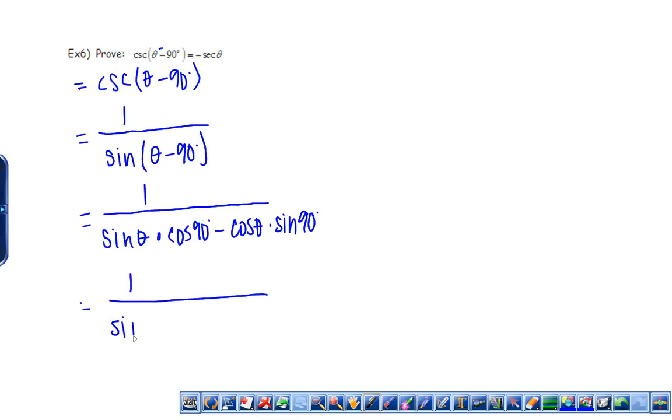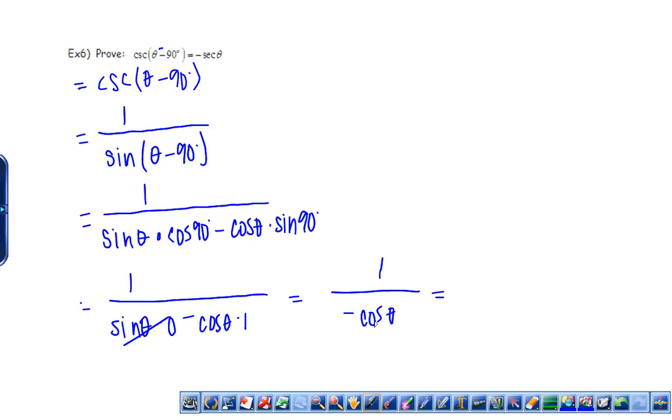I can't do anything with sine of theta. Cosine of 90 degrees is a 0. Cosine of theta I can bring down. Sine of 90 is 1. So again, that is out. So it looks like we've got it over a negative cosine of theta.